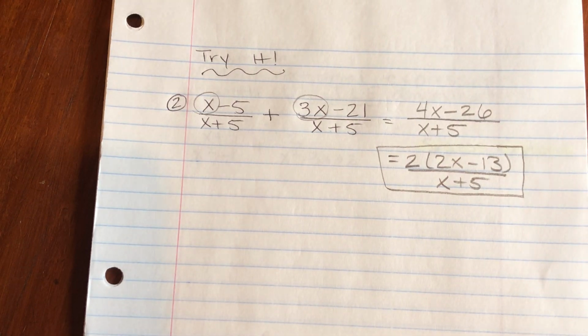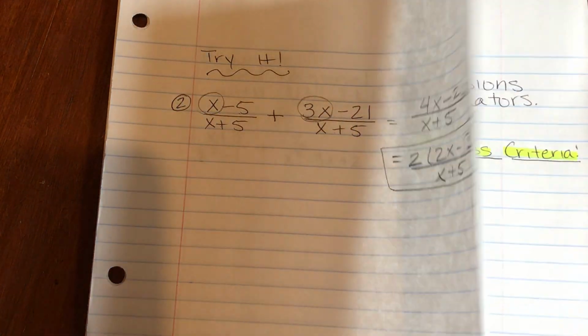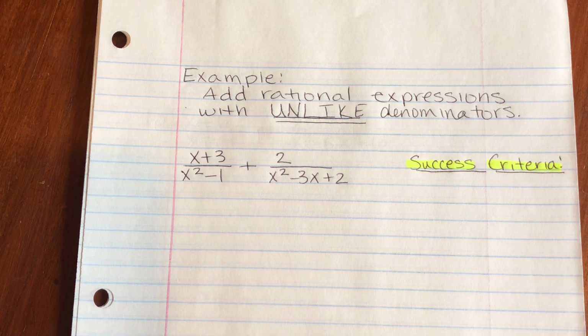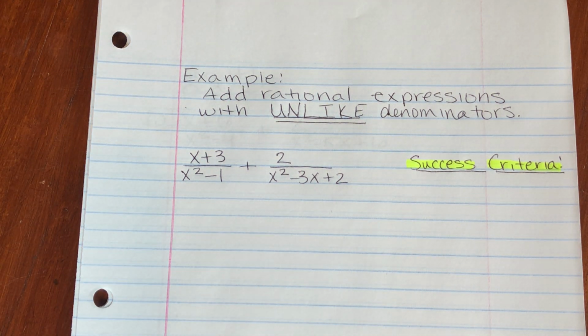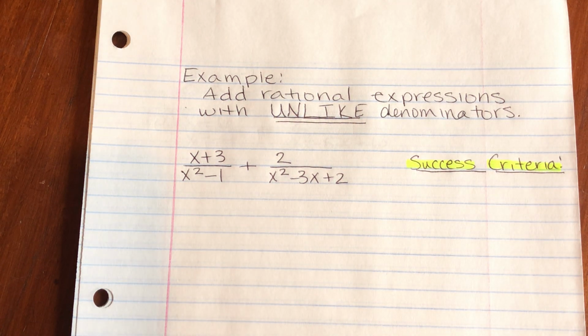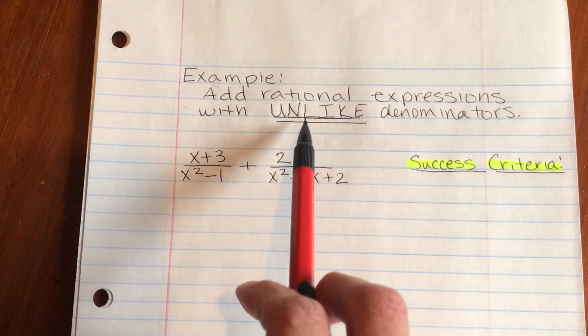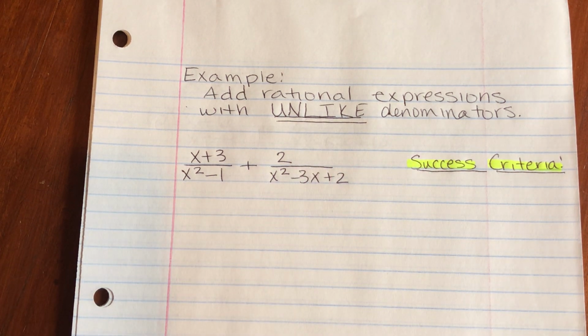Now let's look at some rational expressions with unlike denominators. So how do you solve this with unlike denominators? This is a little more complex than when you have like denominators. Our last success criteria for like denominators only had 3 steps.